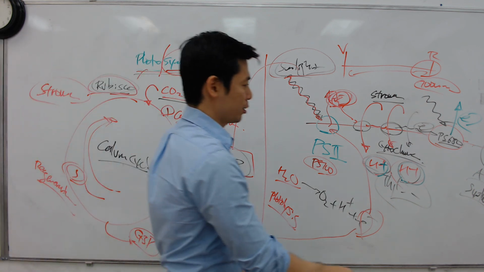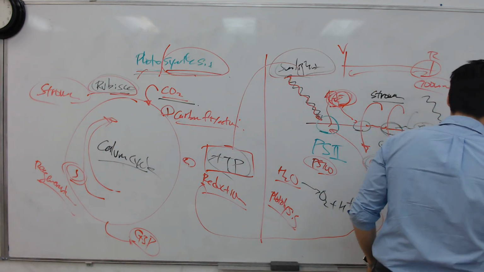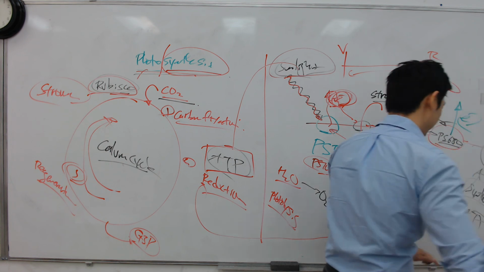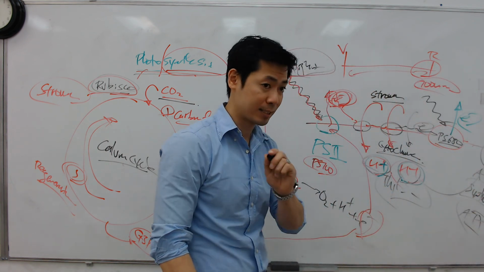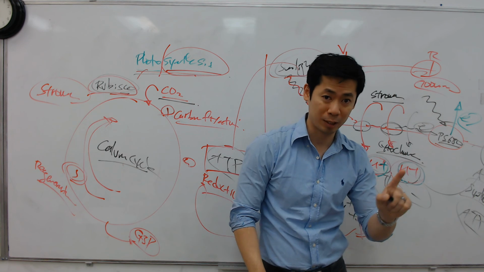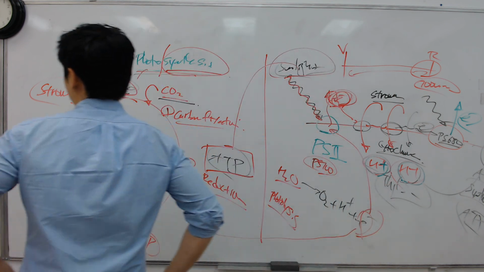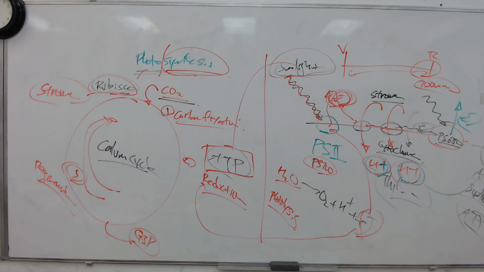So H+ goes out, it mass produces ATP. You gotta know this, okay? This process is called oxidative phosphorylation. That's how they produce ATP.